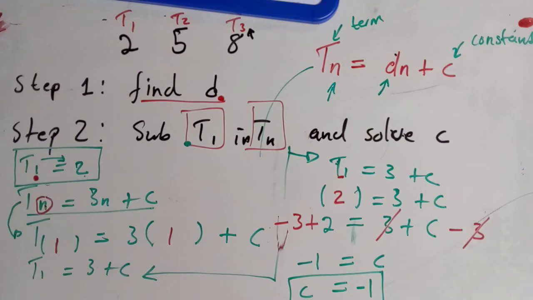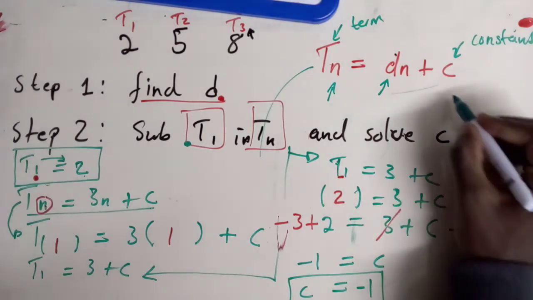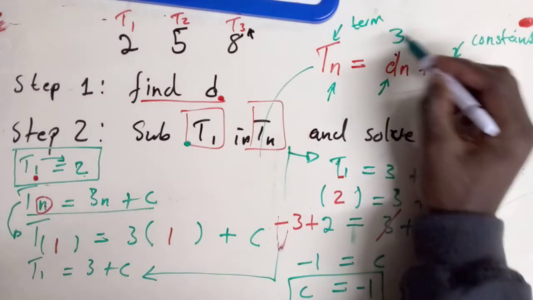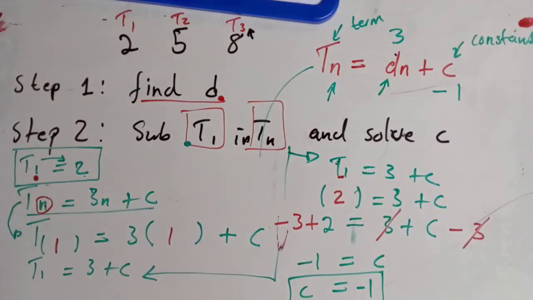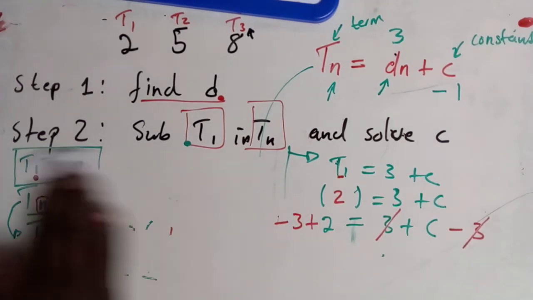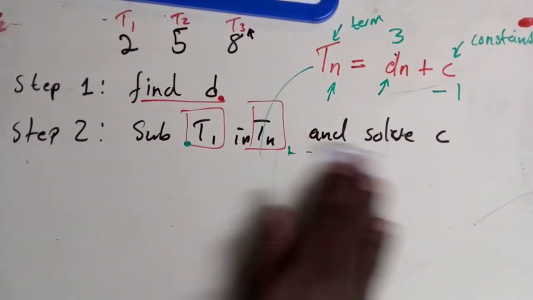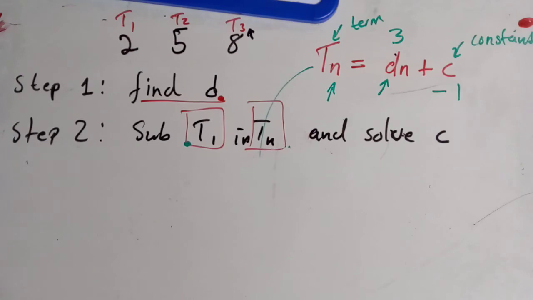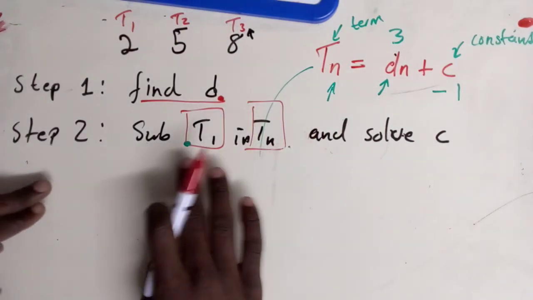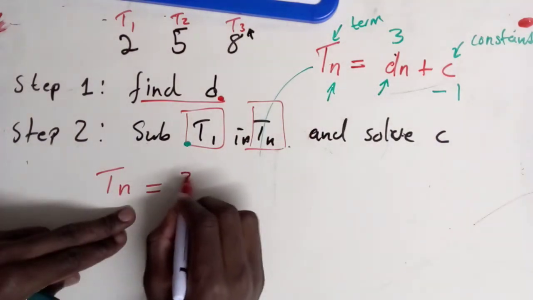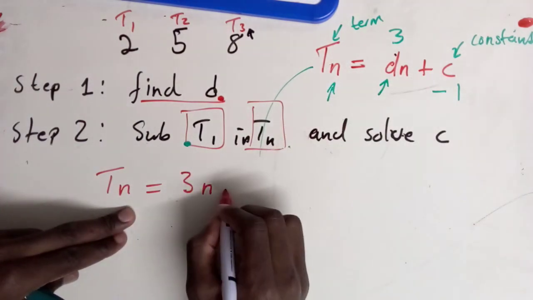Now, you got your c as negative 1, and you got your d as 3. Let's go ahead now and write the equation. The equation is Tn is equal to 3n minus 1.